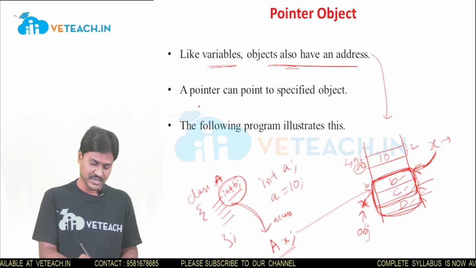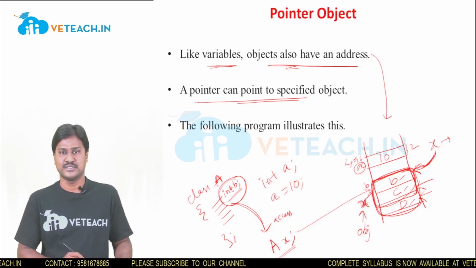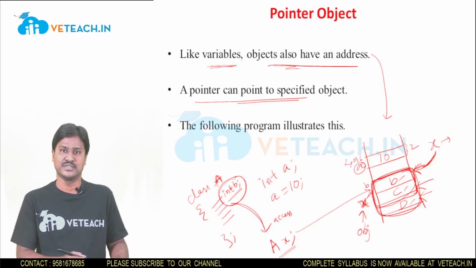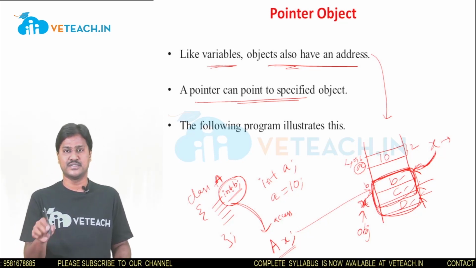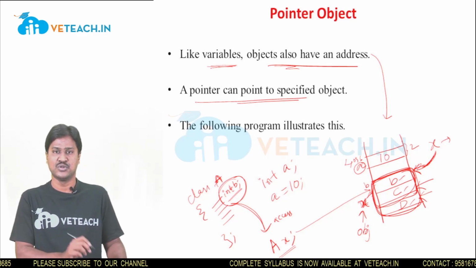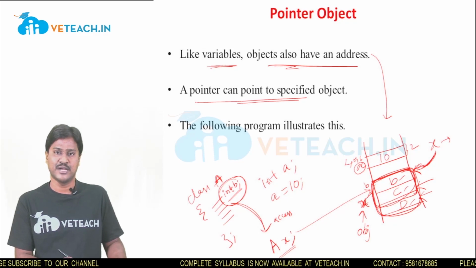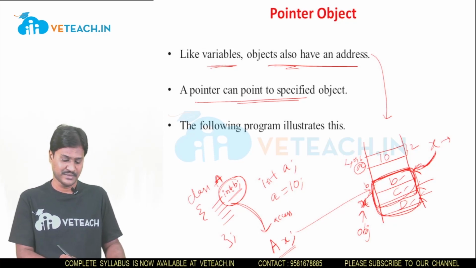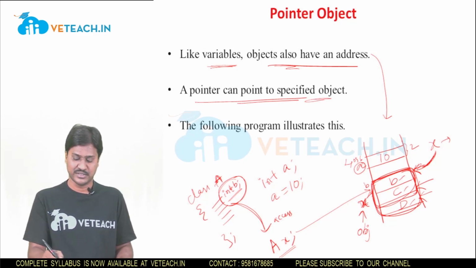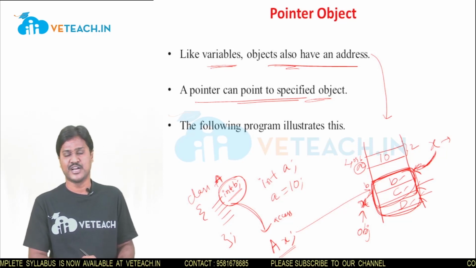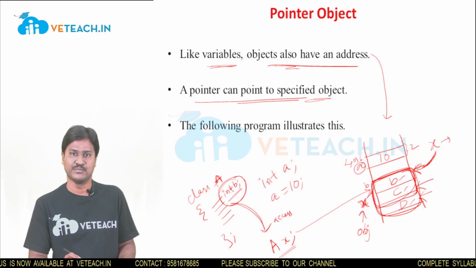The next one: a pointer can point to a specific object. This is the second point we need to learn in the pointer object. The object is also a reference to the object variables used in the class. It holds the address of the first variable defined in the class. In addition to that, a pointer can point to a specified object. As in the previous program we saw with pointer to class, there we assigned a pointer to an object like this.